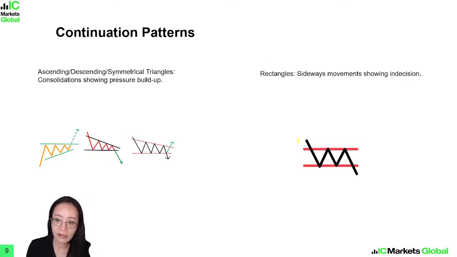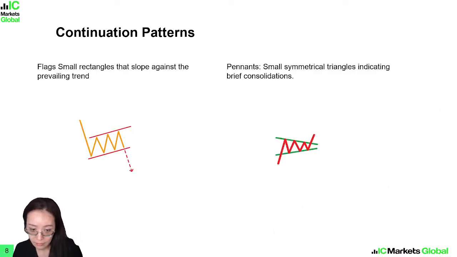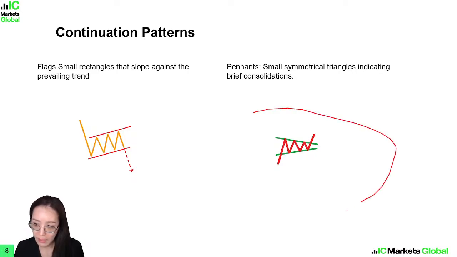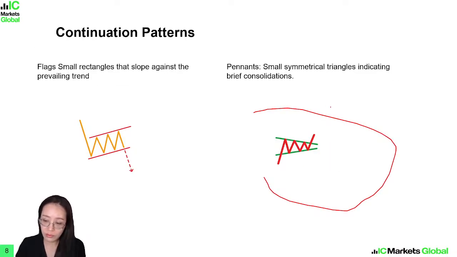Okay, and you will see that the pennant and the descending triangle look similar. The difference between this pattern, the pennant here and the triangle here, is that usually this one is for continuation, most of the time.